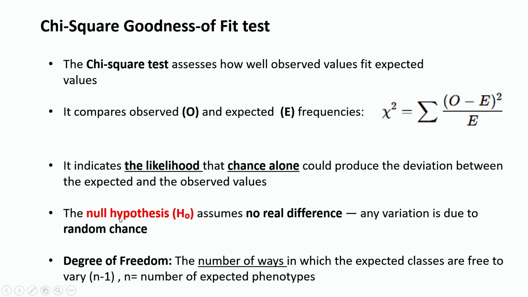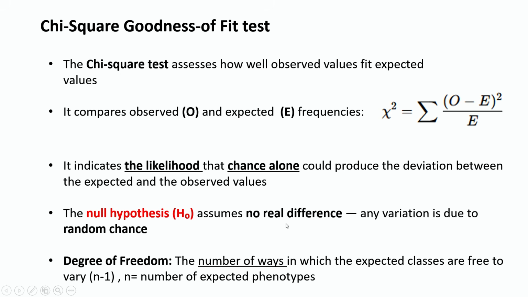And remember, what is the null hypothesis? The null hypothesis is an assumption where we say that there is no difference between expected and observed ratio. So if I am getting some variation, it might be just by chance.